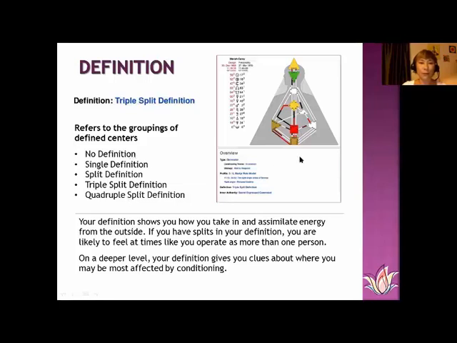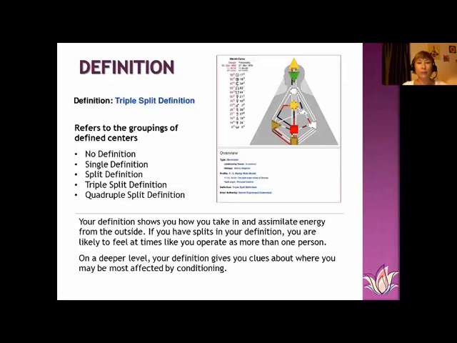There's no definition, which means that all of your centers are open or white, and that would be the type that the reflector would have. There's single definition, which would mean you maybe have 2 or 3 or even 4 centers that are connected, maybe even more, but there are no other sets of centers that are connected together but are disconnected from those primary centers.